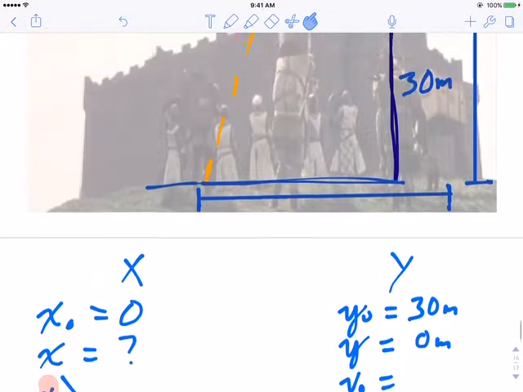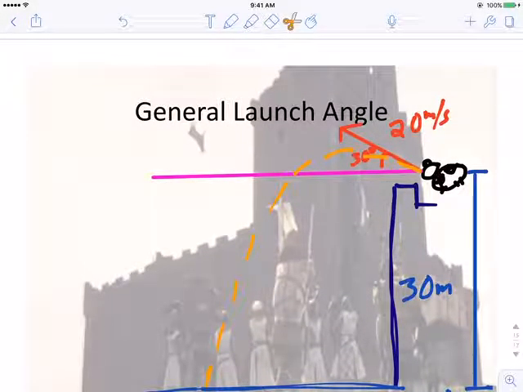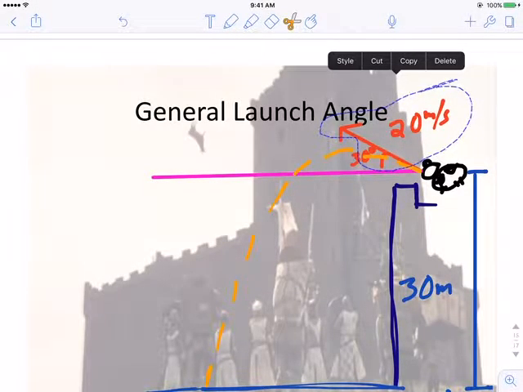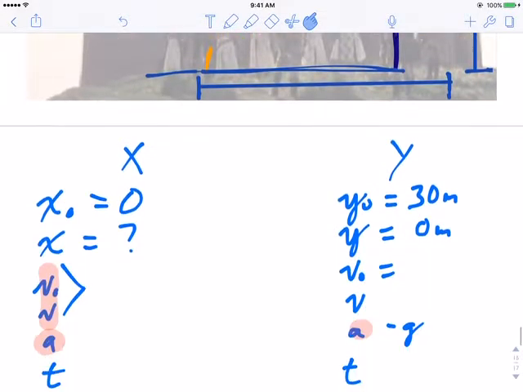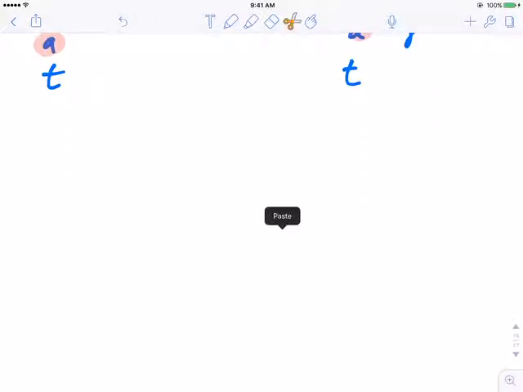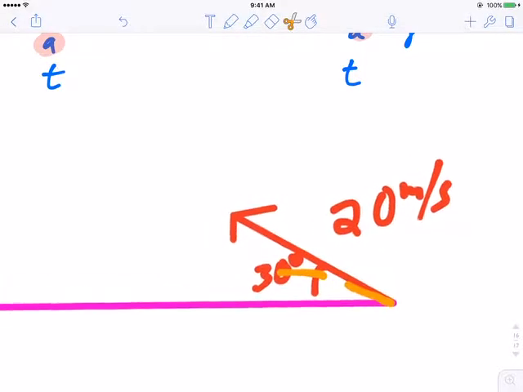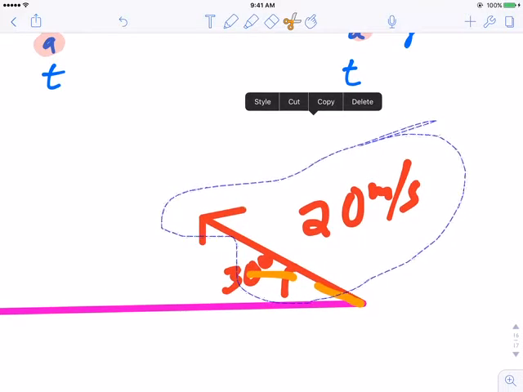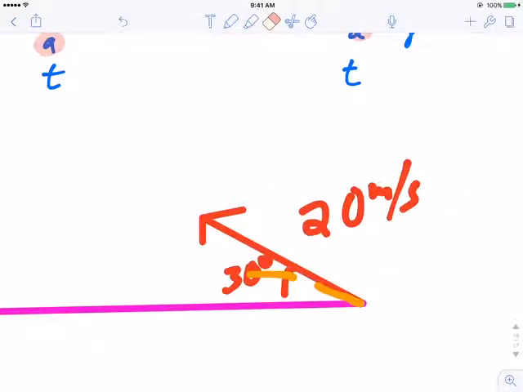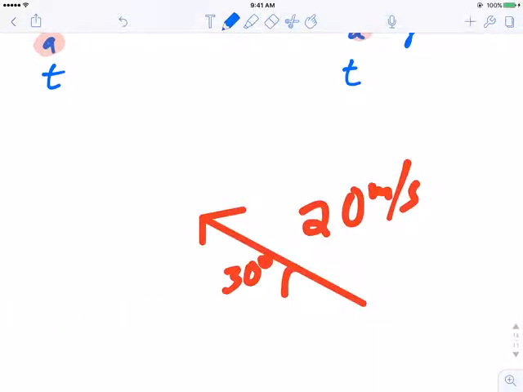So your first step here is going to be to take this velocity and what we're going to have to do, enlarge it a little bit, let's move some stuff here, and this is where we say, okay, which way is it going? Oh, left or right? Left. Up or down?